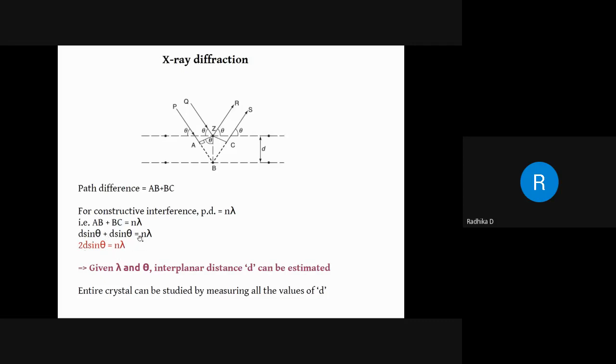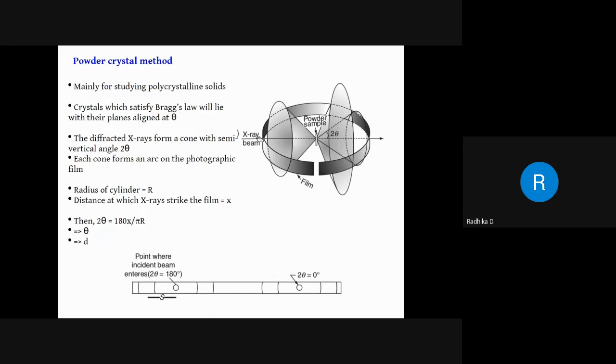It is satisfied. So X-rays come in, go directly towards this tube where you have multiple crystals, and undergo X-ray diffraction. Bragg's law will be satisfied.